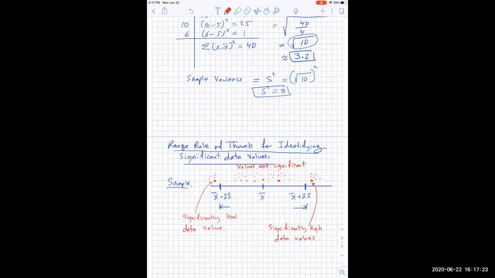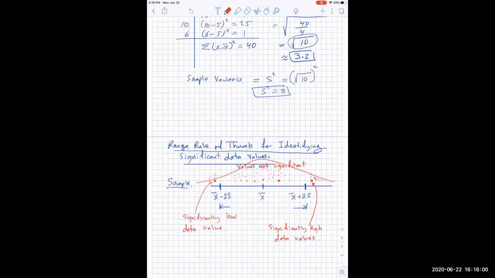Now, if your sample data have a normal distribution like this, then you will notice that you have very few values that are considered significantly high, because usually the bell curve has a tail, the right tail.